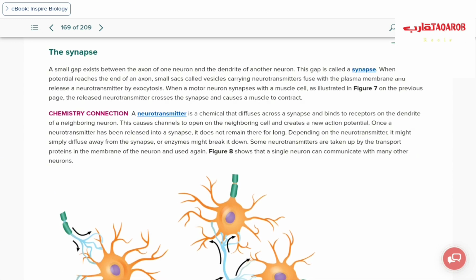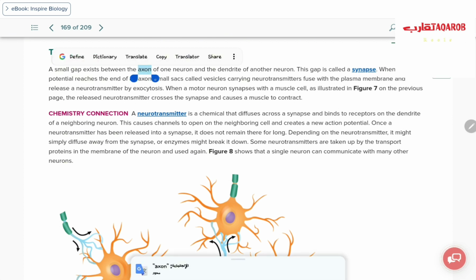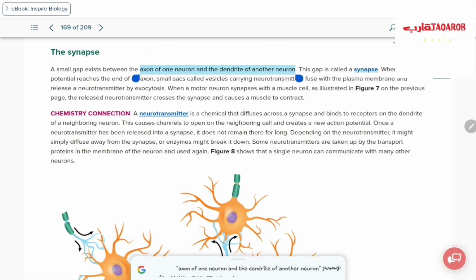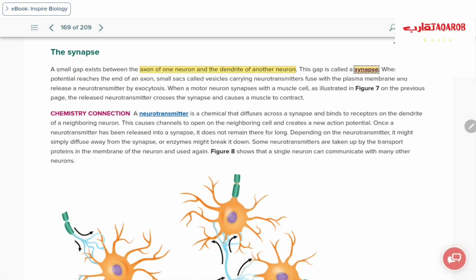The synapse. What is the meaning of synapse? It is a small gap between the axon of one neuron and the dendrite of another neuron. This gap is called the synapse.